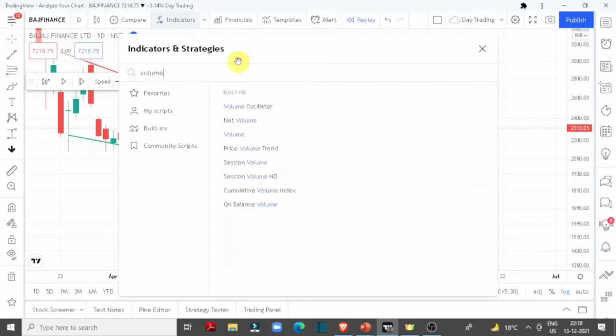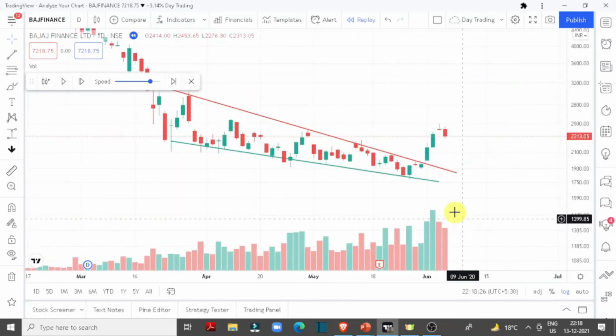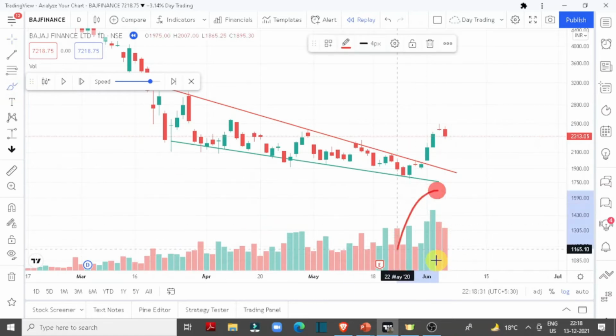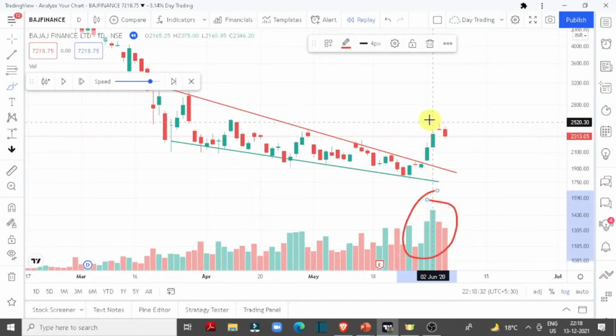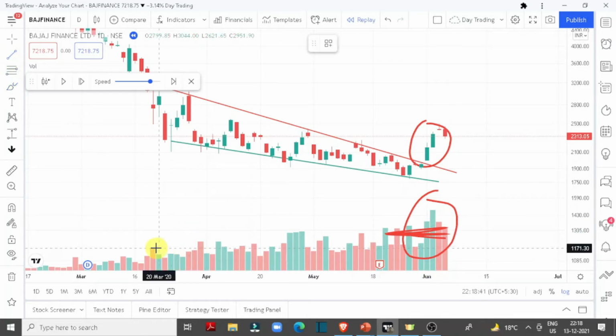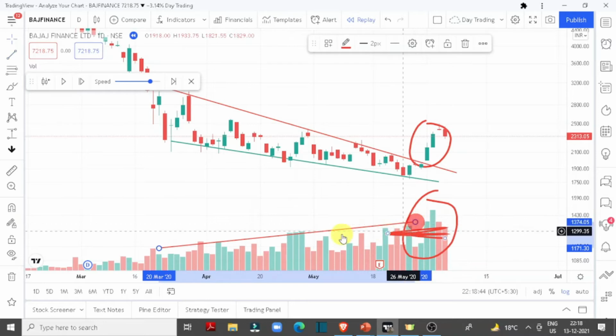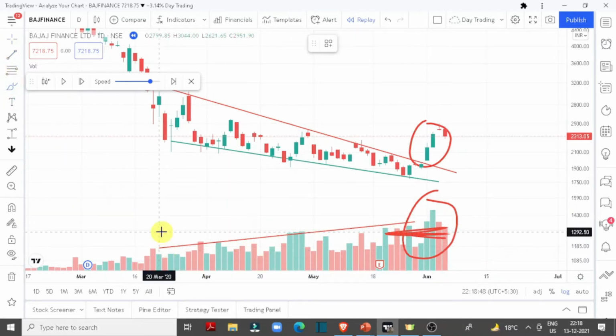I'll use the volume bars so that you can understand this concept very well. You can see that the breakout happened somewhere over there, and at this point you can see a sudden spike in volume. Before that, you can see that the volume was going up, right? This is known as accumulation, which happened before this volume spike.